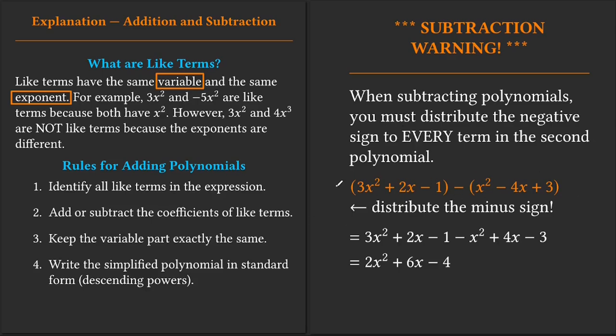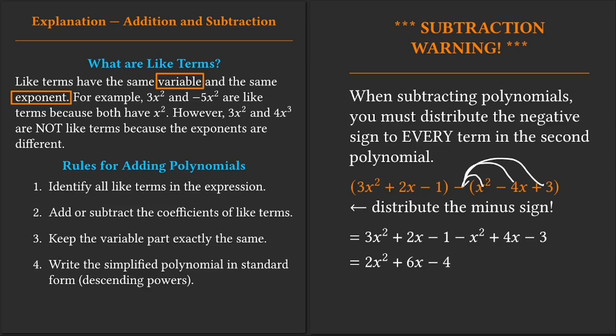With what we have here, we have 3x squared plus 2x minus 1 minus, in brackets, x squared minus 4x plus 3. This negative sign must be distributed to x squared. It should be distributed to negative 4x and then also distributed to what? The 3.